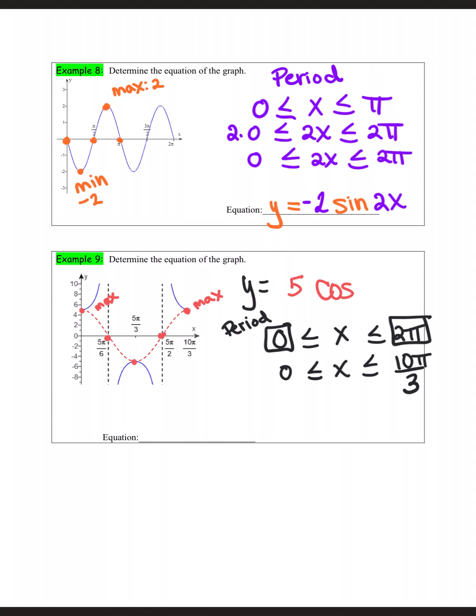To do that, I multiply by 3. I'm going to multiply by 3 because I know it's not going to change the left side. 3 times 0 will still be 0. So I'm multiplying by 3.